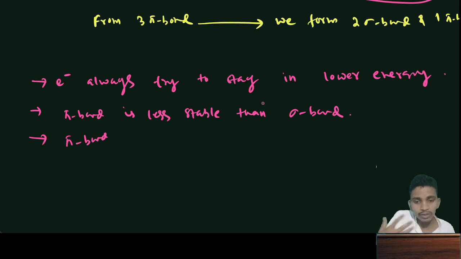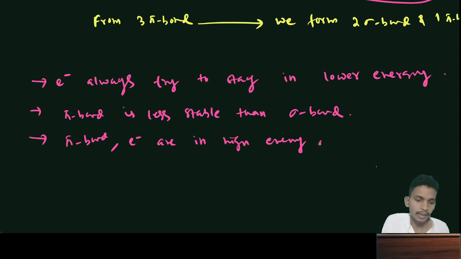If they want to stay in lower energy, that means the bond is strong. So in pi bonds, electrons are in high energy, and in sigma bonds, electrons are in low energy.